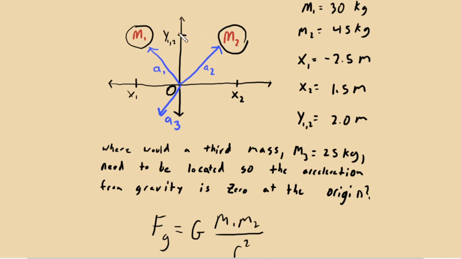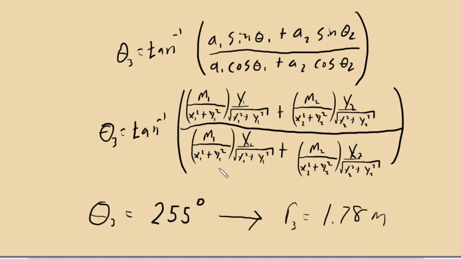But we know that if we put a mass over here, everything's going to be pulling upwards, and we're going to have some sort of an acceleration. So what we really want is the opposite. All we need to do is add 180 degrees to the angle you get when you plug it in your calculator, which ends up being this 255 degrees. It's just 180 plus our 75.